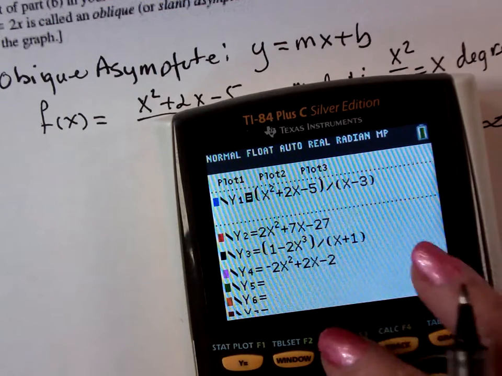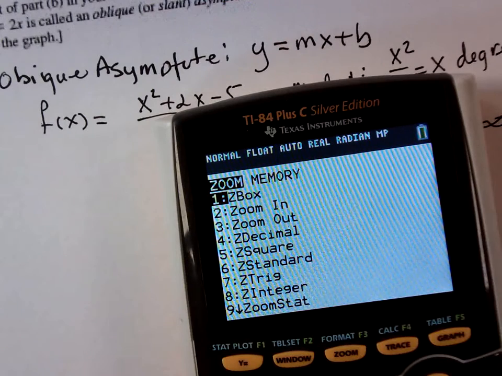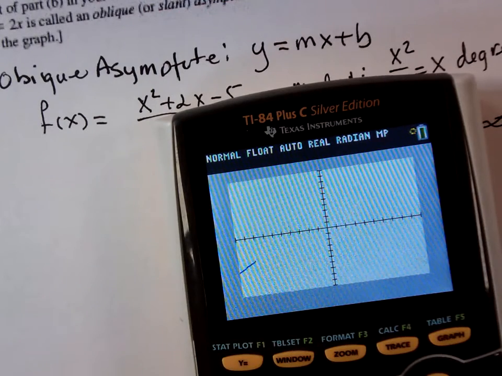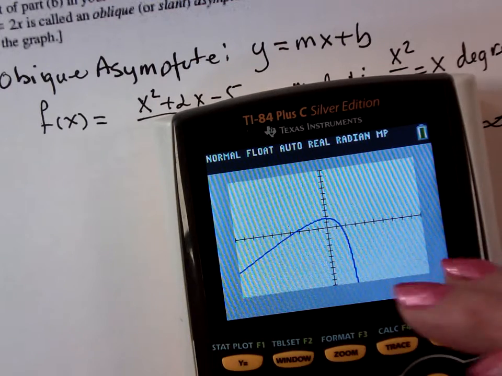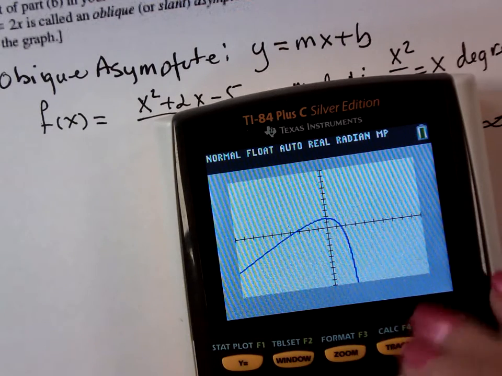I don't know where this graph is, so I'm just going to do a zoom standard, zoom 6, bring it up on the standard graphing window. But I don't have now the whole graph, so I'm going to do a little bit of a trace.